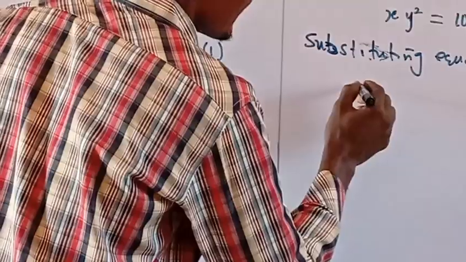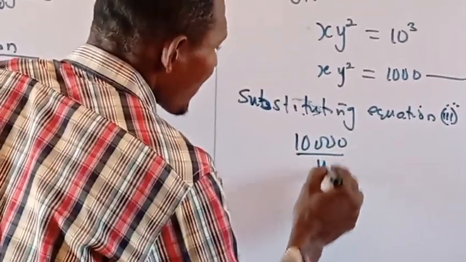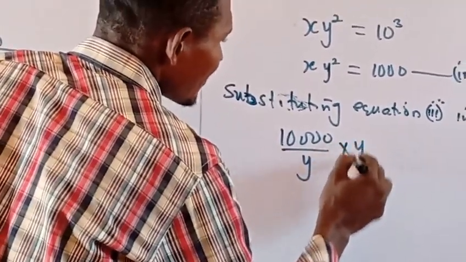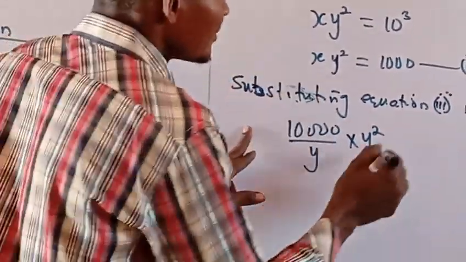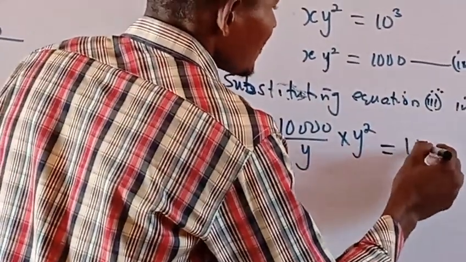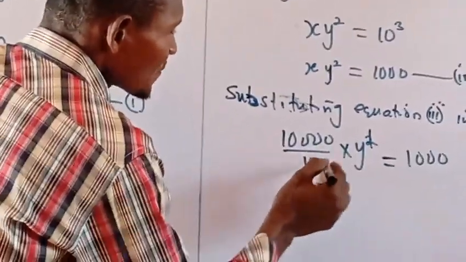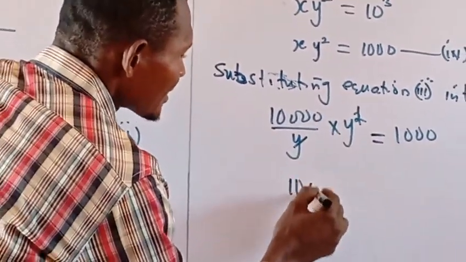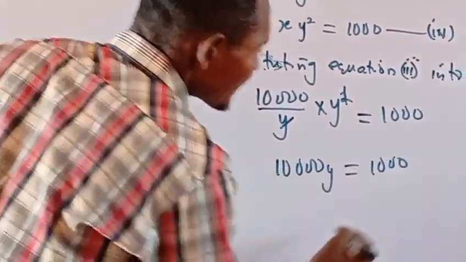we can have 10,000 over y times y squared, that's the substitute for x in this equation, is equal to 1000. So this y will cancel one of the y's there. So you are left with 10,000 y is equal to 1,000.